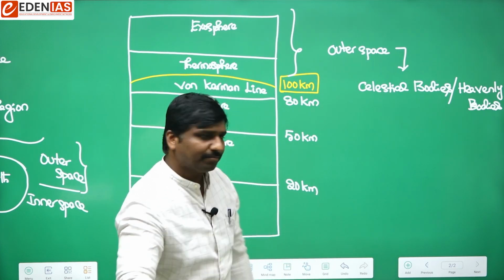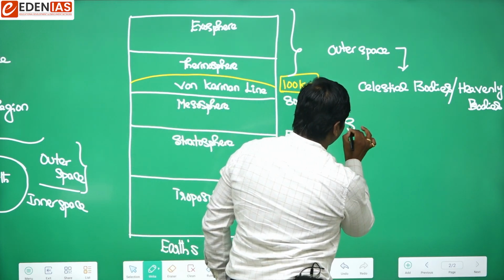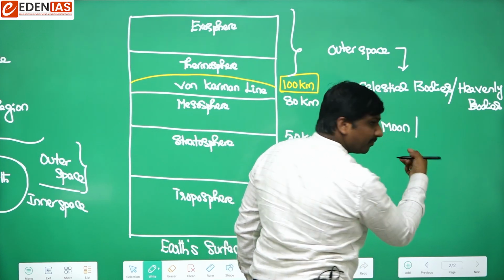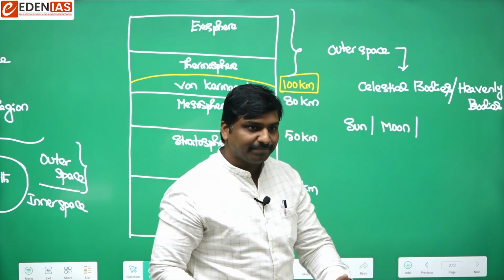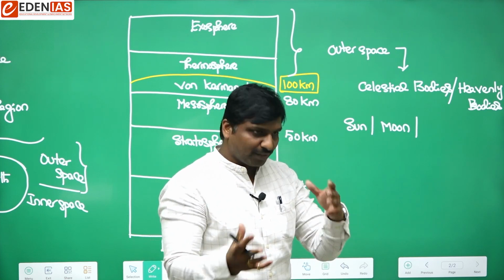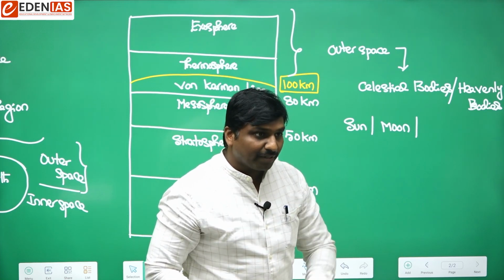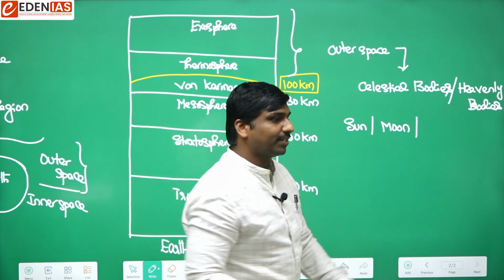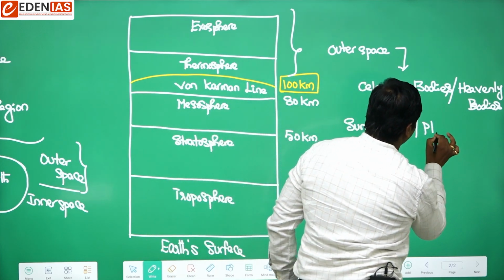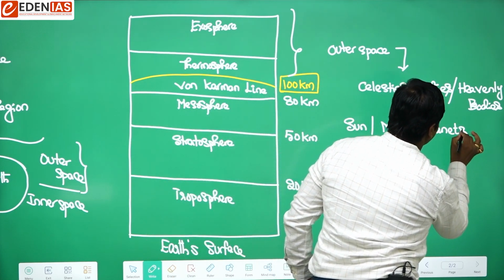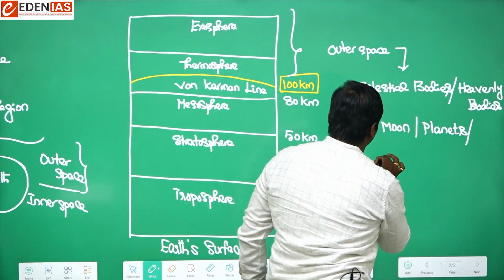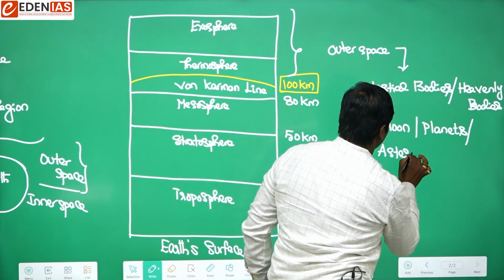Yes, good. Sun, then moon, then Mars, Jupiter. What are Mars, Jupiter and all those things? Yes, good, planets. Apart from that, we have asteroids and meteoroids.